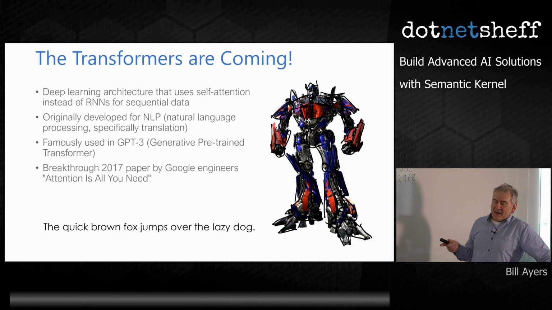So we'll look, first of all, at the state of the art in machine learning, and then we'll talk a little bit about transformers and how they have really revolutionized machine learning and AI, particularly around natural language processing, but also in other fields as well. Then we'll look briefly at Azure OpenAI.